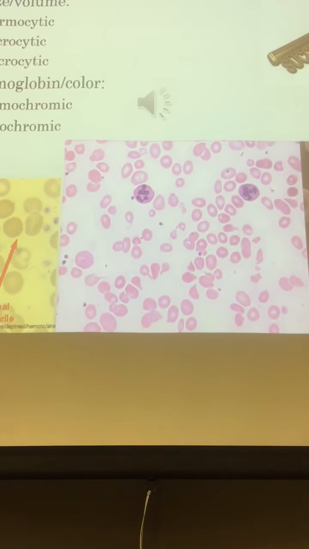So it can only be so dense. So it's just always that dense. So it's normal color, even though it might be a really big cell, it might have a lot more hemoglobin because it's a big cell, but it's still the same density as the normal size cell. All right? We might get back to that later.